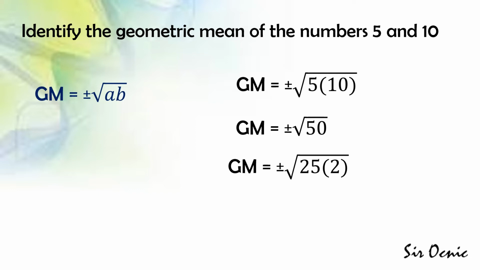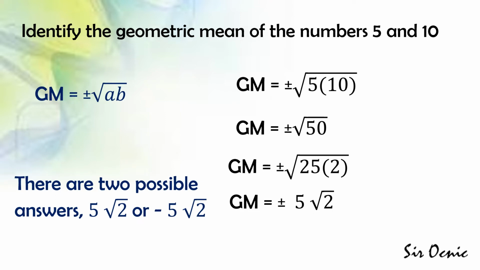Square root of 25 is equal to 5. So we will then have positive negative 5 square root of 2. Therefore, there are two possible answers, 5 square root of 2 or negative 5 square root of 2.